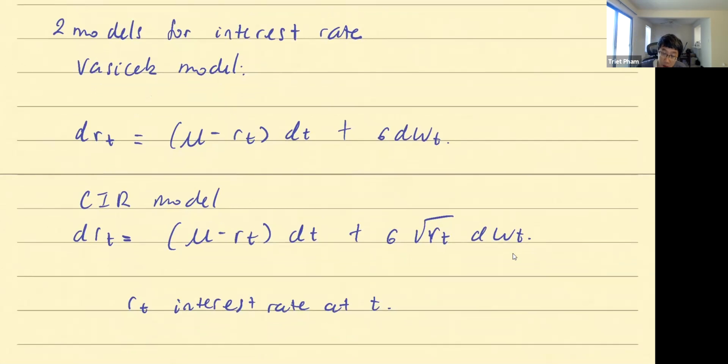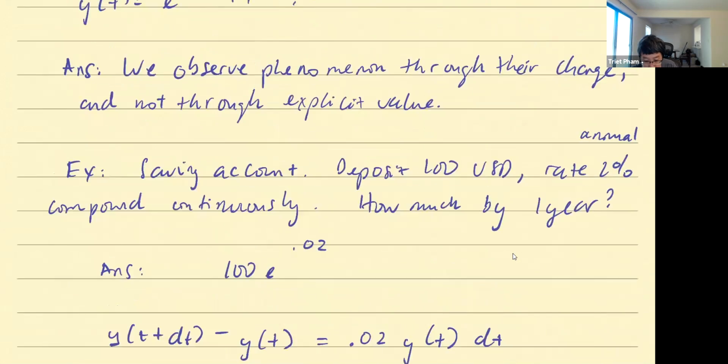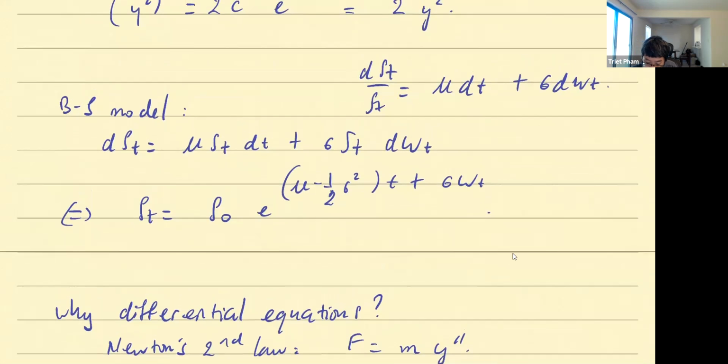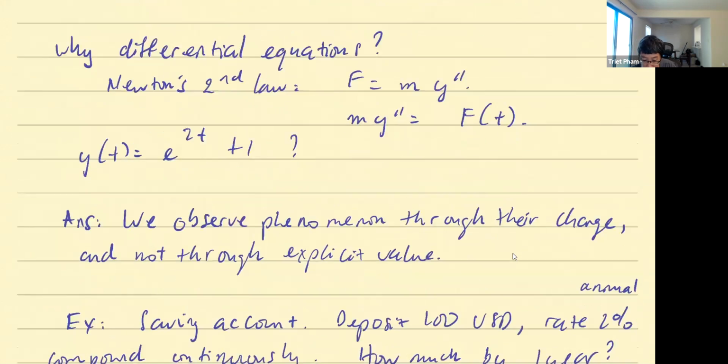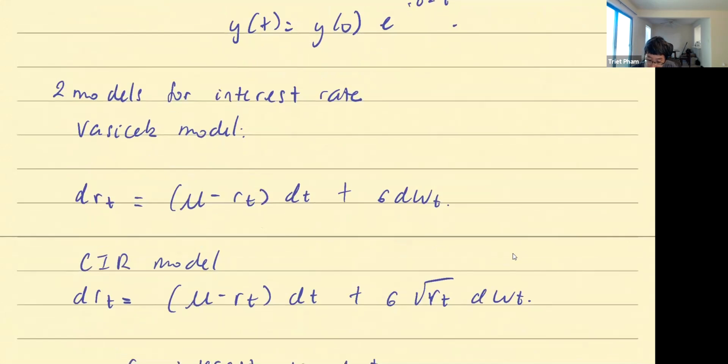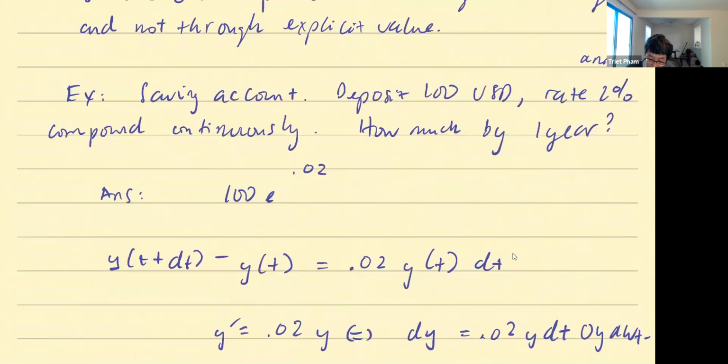But the point is this, that the structure of this is quite close to the Black-Scholes model, quite close and also quite different, I think. It's similar in the sense that it has a dt component and a dW_t component. But then I think that's where the similarity ends. So in that sense, both of these models use the concept of the Ito process.